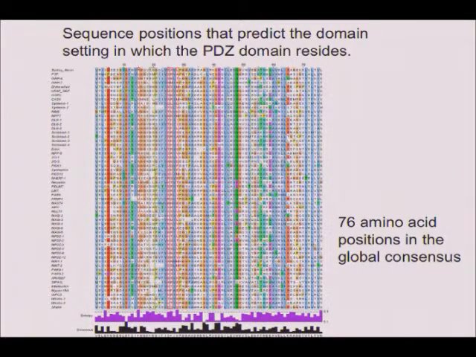Those we call globally conserved. There are other positions which are only conserved within a clade, so that position is only similar, say, in PDZ1 of PSD95. That position is the same in sponge through human, but if you go to PDZ2, now it's changed.